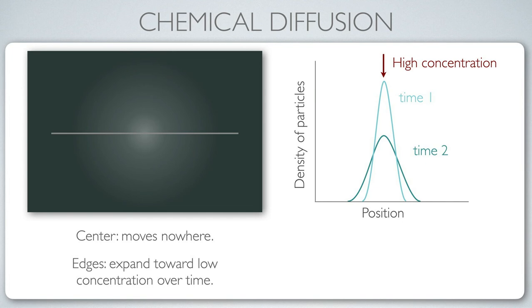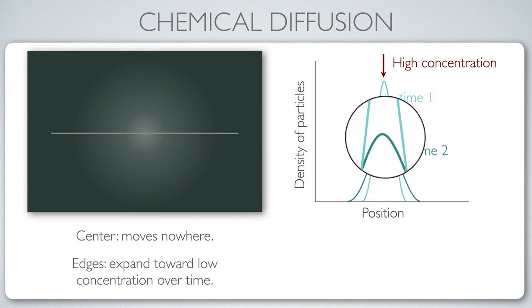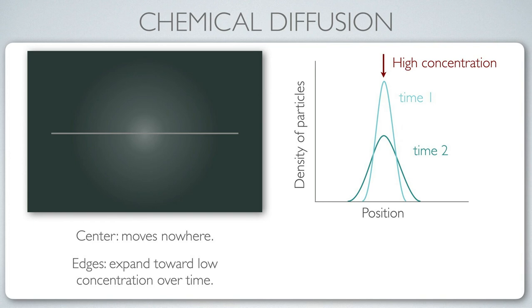If we look at that expansion over time, it would look something like this. The density at the center decreases. Right there, we see a reduction, but its position along the x-axis, which is the position along the line, doesn't go anywhere. It still has a mean position at the same point in space. As you continue through time, you see this flattening of the distribution. Note also the margins of that distribution.